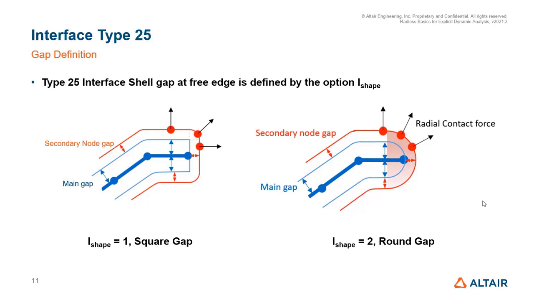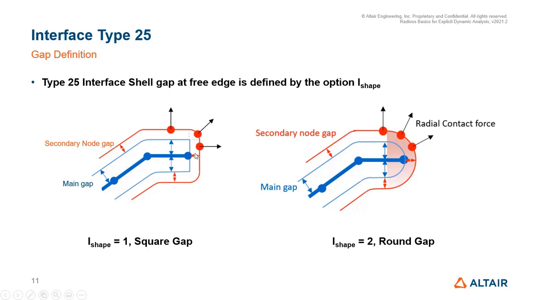So for type 25 contact, you can have shell gap at free edges with the option I shape. There are two options for I shape: I shape equals 1 and I shape equals 2. When you have I shape equals 1, you will have a square gap created. So this is your slave, this is your master.